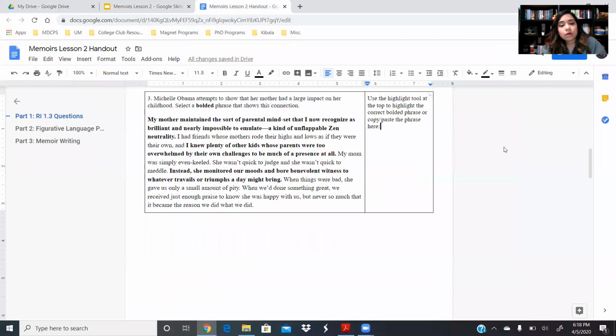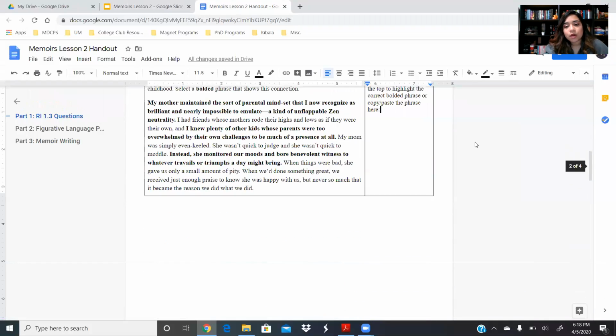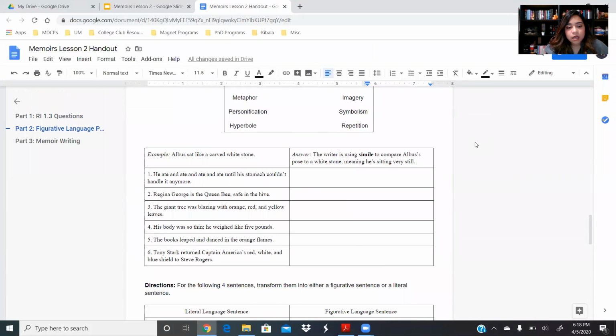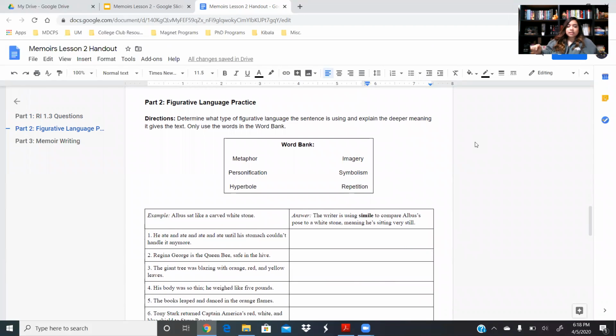So part two, after you finish part one, right, answering these 3 questions is part one. Now we're going to go to part two. So part two has 2 activities. The first one is figurative language practice, and what you're going to do is determine what type of figurative language the sentence is using, and explain the deeper meaning it gives the text. Only use the words in the word bank.